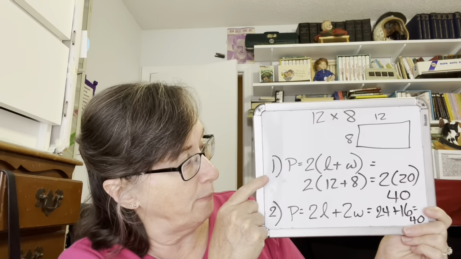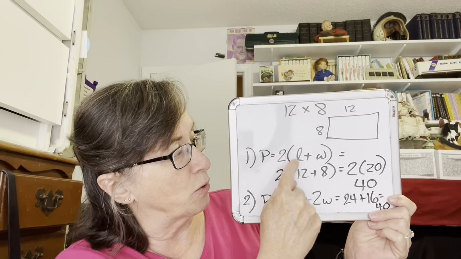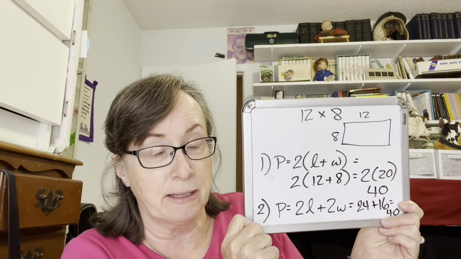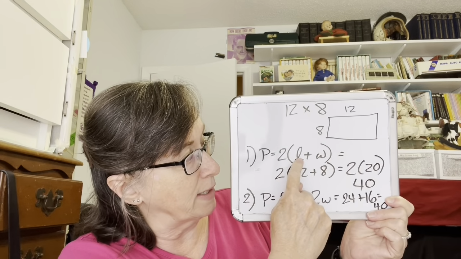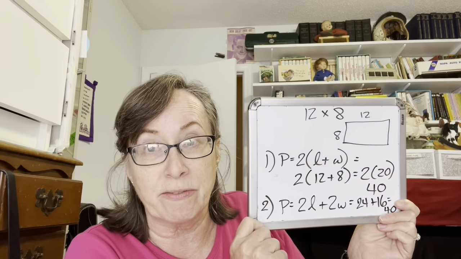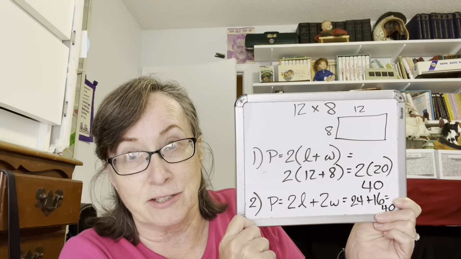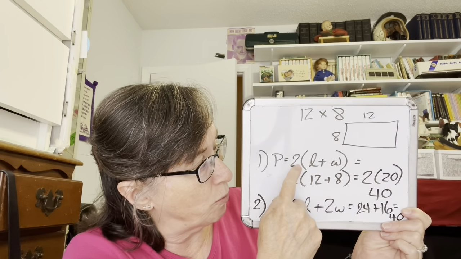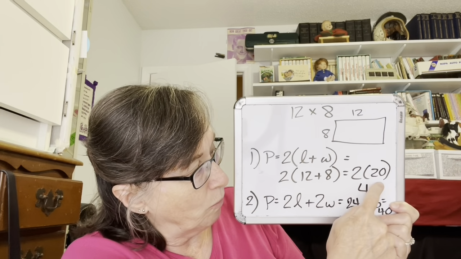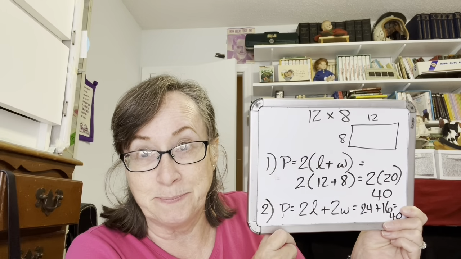equation or formula, which is perimeter is twice length plus width, then we're going to obviously add the length plus the width together. The length plus the width added together is 20. And then twice 20 would be 40.